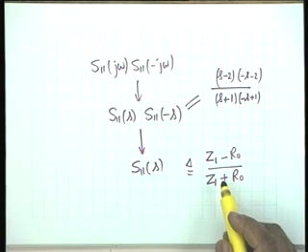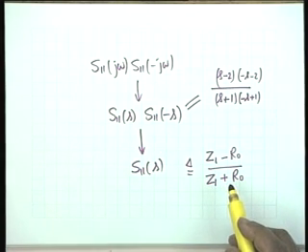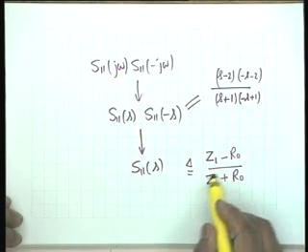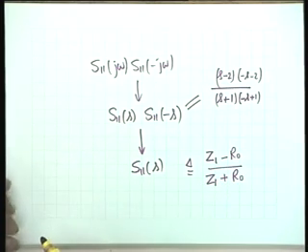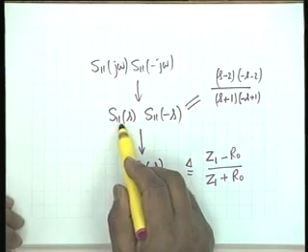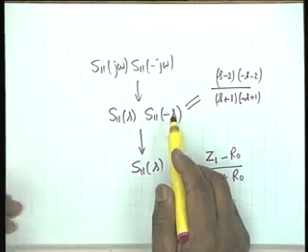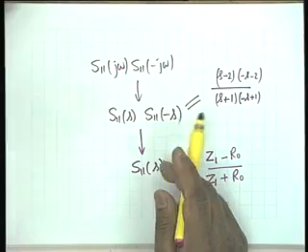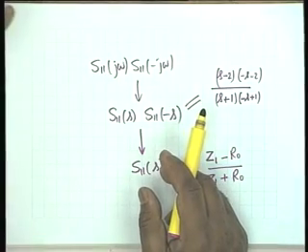An impedance function cannot have zeros in the right half plane, and therefore all zeros of Z1 plus R0 shall be in the left half plane, which means that in S11 of S, S11 of minus S in the denominator, after you factorize, you have to choose only those factors which contribute to zeros in the left half plane.